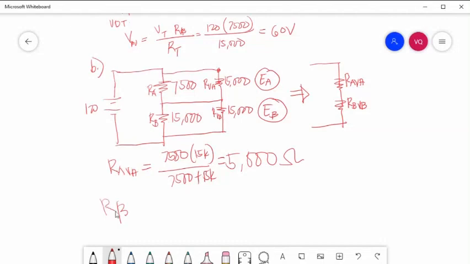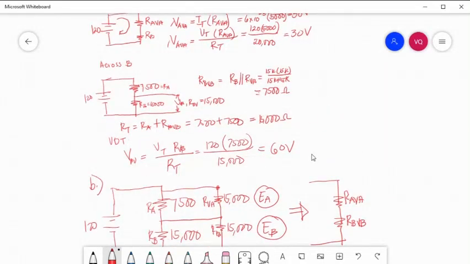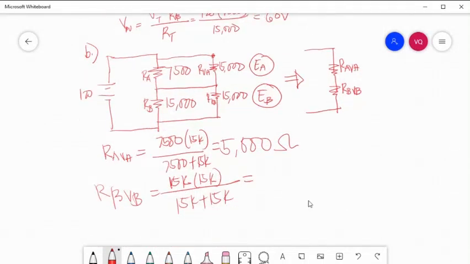RBVB is 15k times 15k divided by 15k plus 15k. So that is equal to 7,500 ohms.